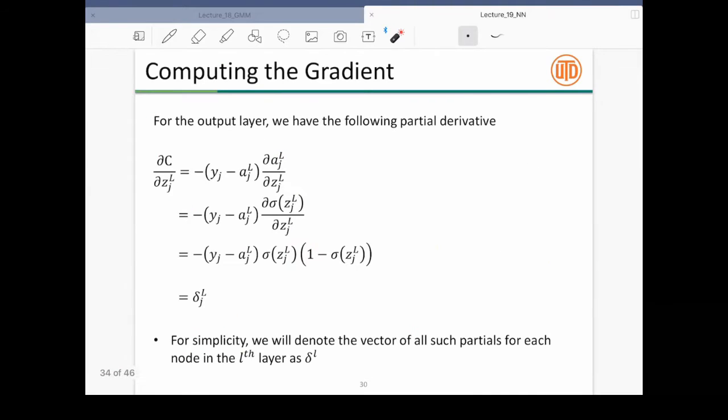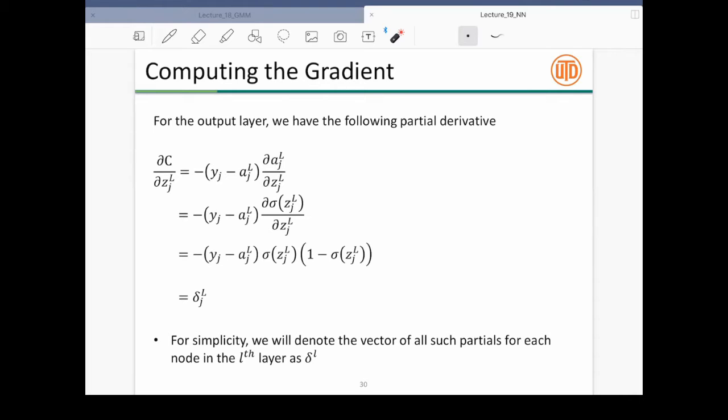The reason we are taking this gradient with respect to ZjL is because ultimately we want the gradient with respect to WL. So we'll first take the derivative with respect to Z. This is the partial derivative, and because we are assuming a square loss, this is nothing but minus of yj minus ajL multiplied by the partial derivative of ajL divided by zjL.